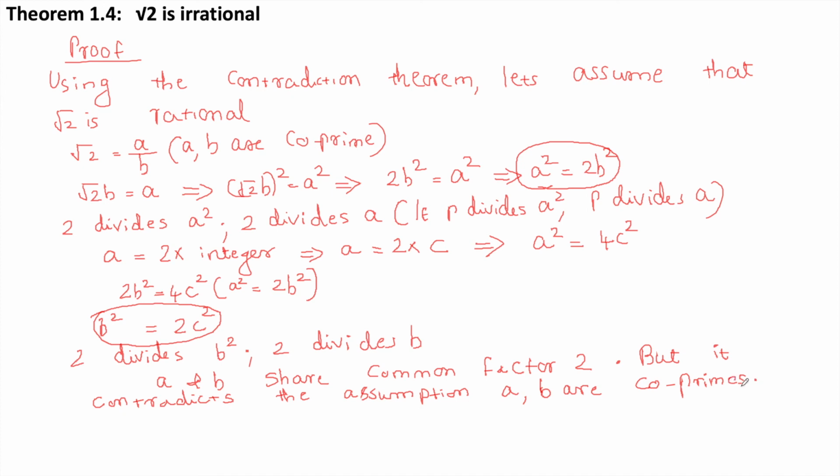Okay, so a and b are co-primes if root 2 is rational. Okay, so it contradicts. Root 2 is irrational. Okay, so we proved root 2 is irrational by the contradiction theorem.